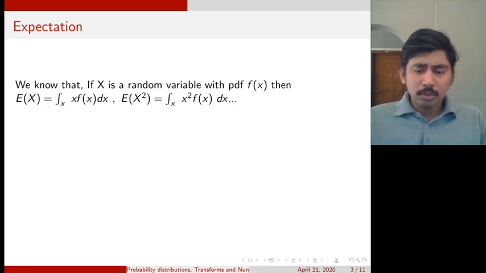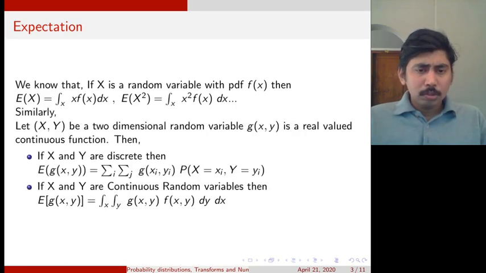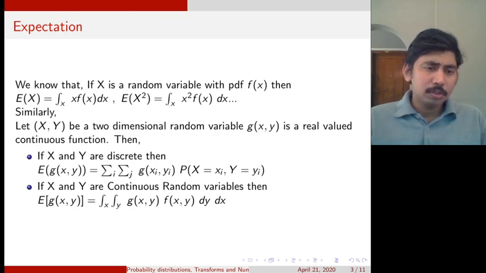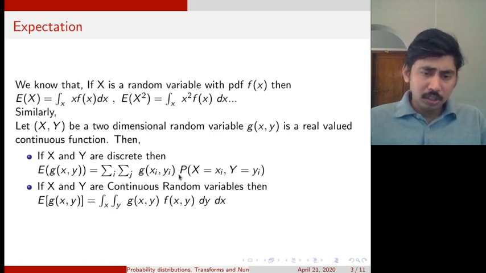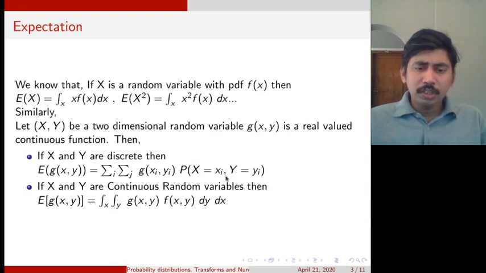The very similar equation will work for functions of two variables x and y also. So let x and y be two-dimensional random variables, and g of x, y is a real valued continuous function. If f of x, y is discrete, then expectation of g of x, y equals sigma over i, sigma over j, g of xi, yj into P of X equal to xi, Y equal to yj.